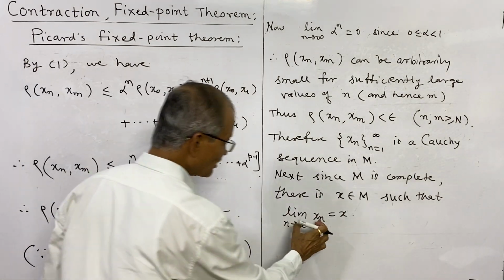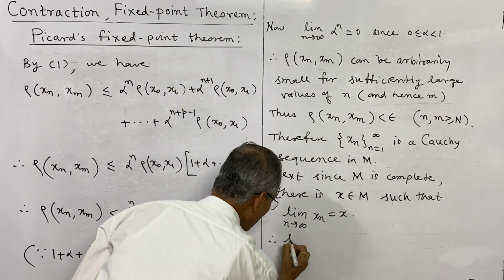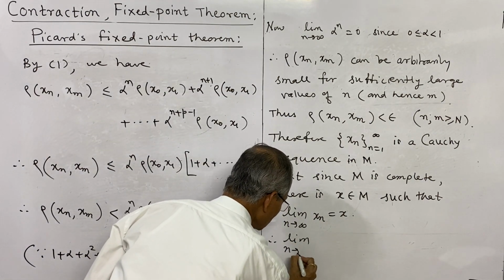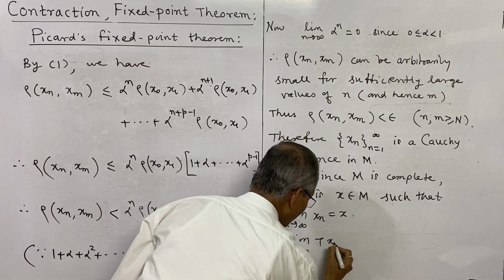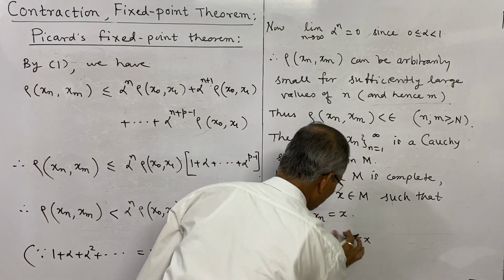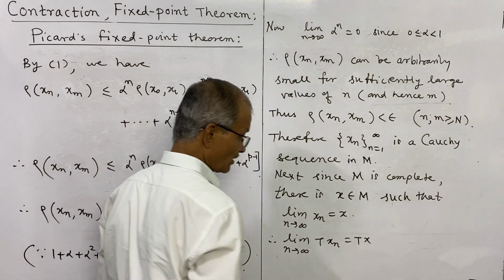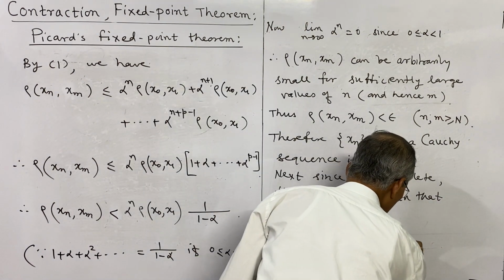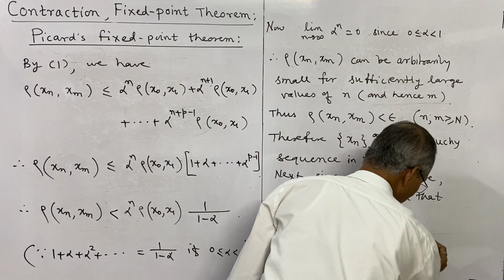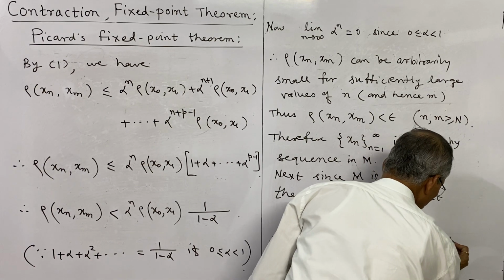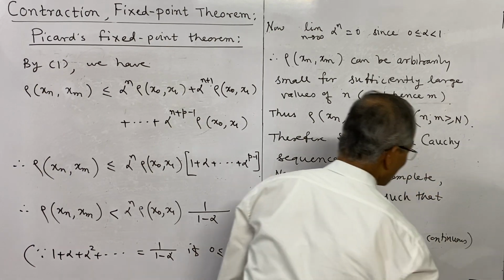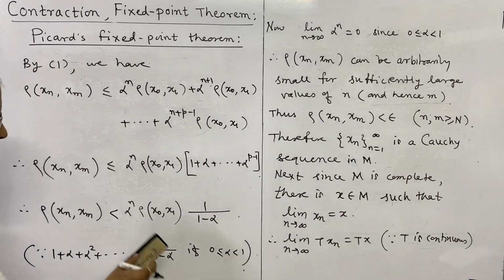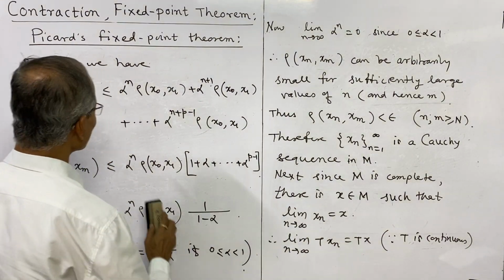And because limit of xn is x, therefore we will have limit as n tends to infinity of T of xn is equal to T of x, taking T image on both sides. And this is because T is continuous, a contraction is continuous. So further we have T of xn is equal to Tx.